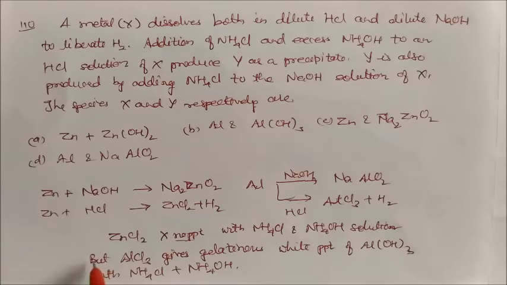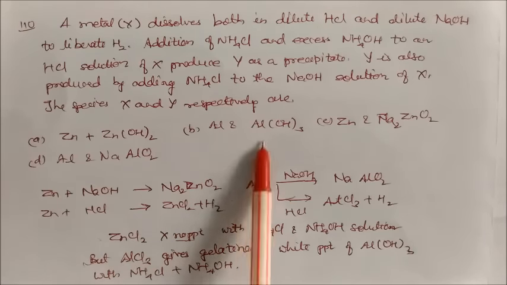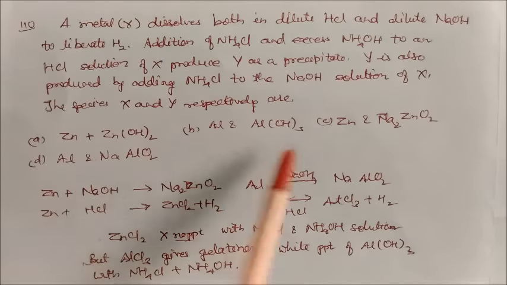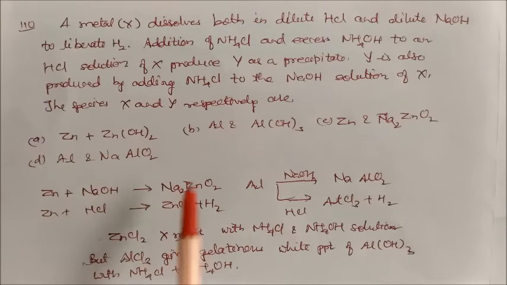So for X we have aluminum, and Y is the white precipitate, aluminum hydroxide. So zinc is not possible. Out of the two metals, only aluminum is possible, since it gives the precipitate and also gives hydrogen.